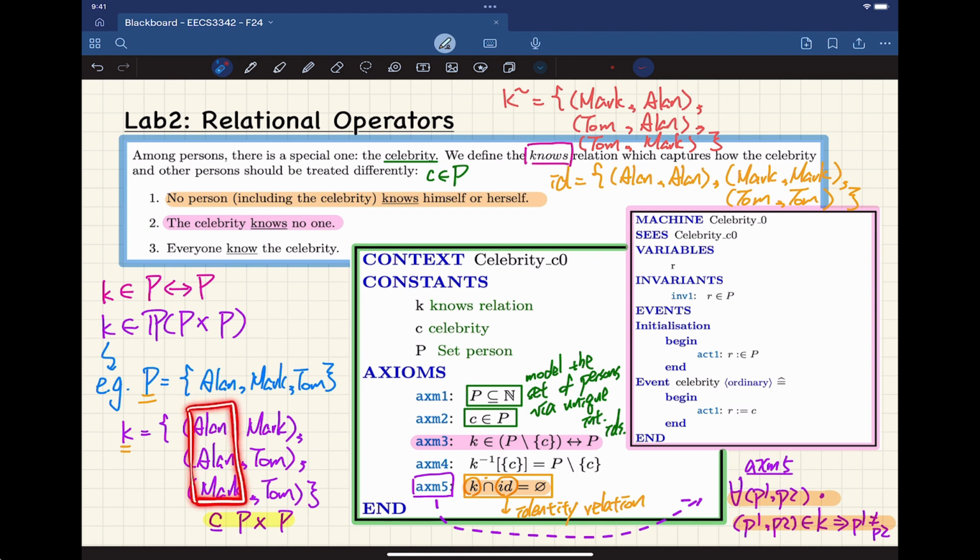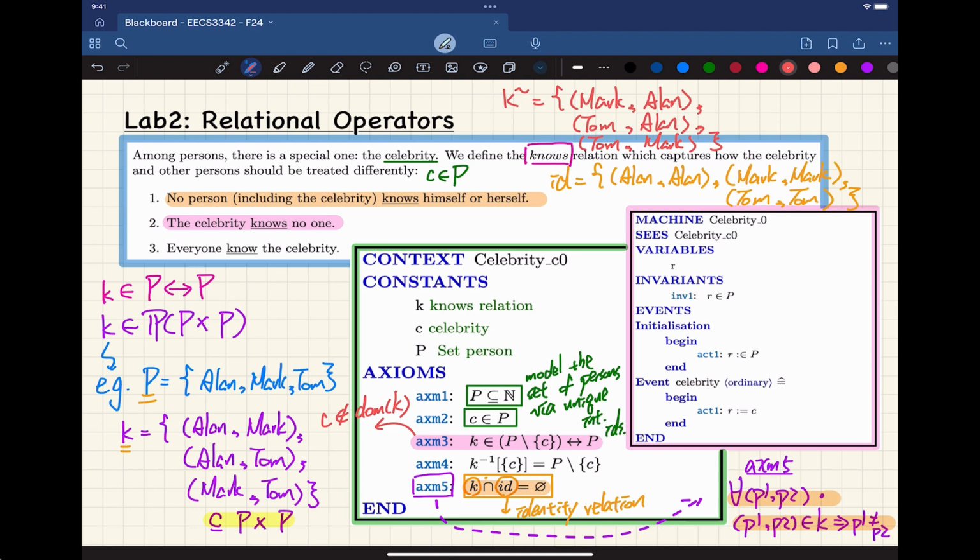Make sense? Okay, so now let me write something that might be slightly more intermediate. Or just put it another way. Over here, you may just want to say some intermediate property: the celebrity should not be in the domain of K. Sorry, domain of K, that's what I meant.